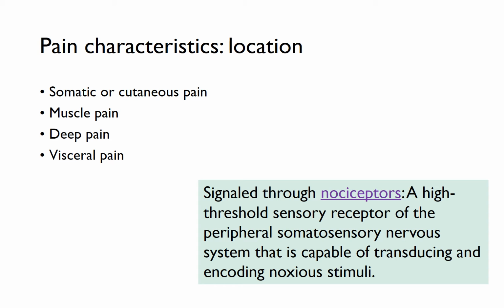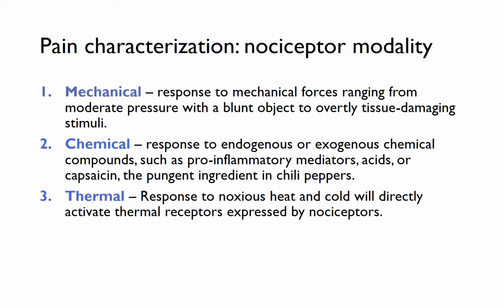Of course, all of these are signaled through nociceptors, which we learned previously are very specialized afferent fibers that transmit and encode noxious stimuli. Electrophysiologically, nociceptors could be a C fiber or an A delta fiber.